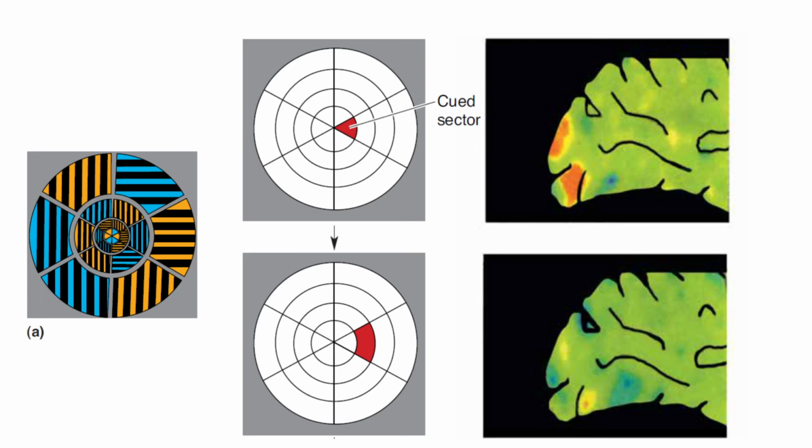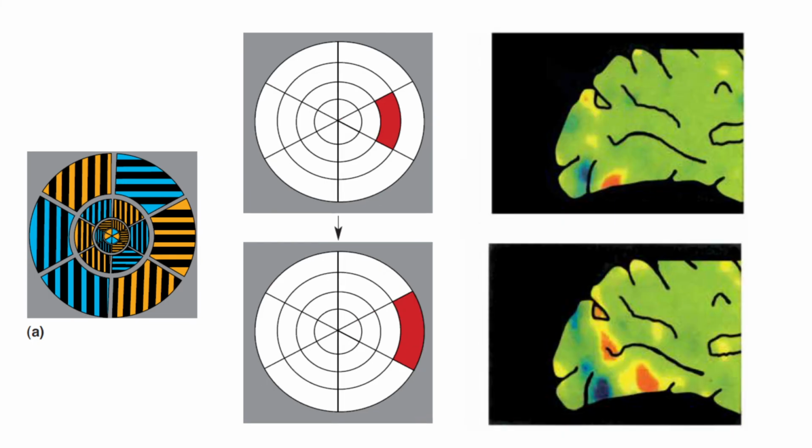So when they pay attention to the center, you can see that the activation, and this image on the left and on the right is showing the brain, is more focused on the occipital lobe, and as the attention moves to the outside of the image, the brain activation also goes from the occipital lobe to the temporal lobe.